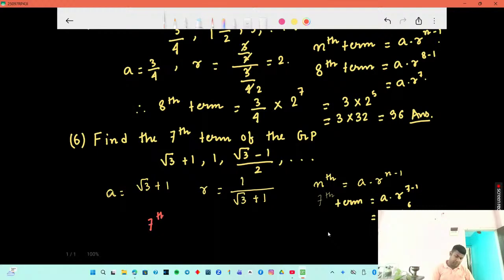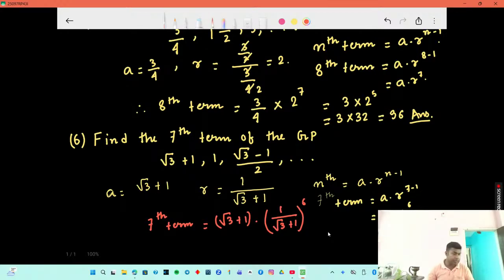So now the seventh term is equal to a, which is root over 3 plus 1, into 1 by root over 3 plus 1 to the whole 6.